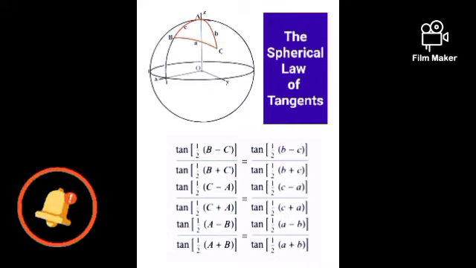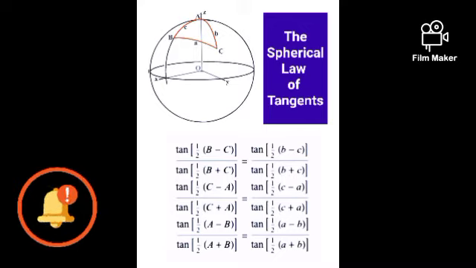If at the left-hand side, you have the difference B, angle B minus angle C, you cannot have the difference of two sides at the right-hand side, C minus B. The angles and the sides, the opposite sides, should be taken in the same order when you write the equations from the spherical law of tangents.